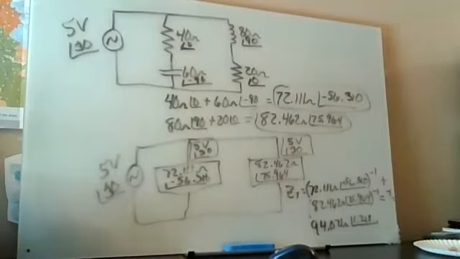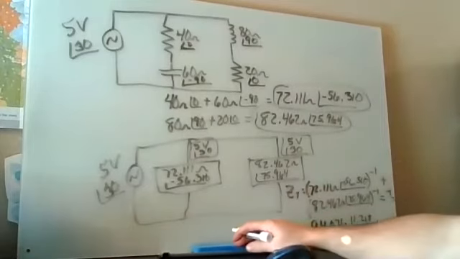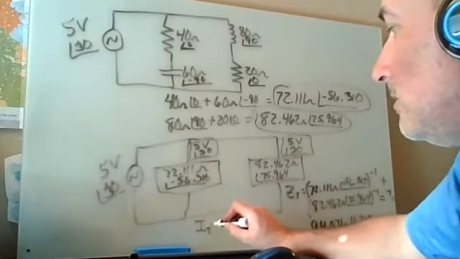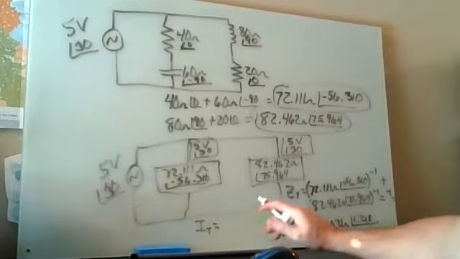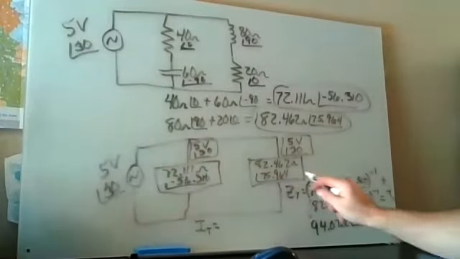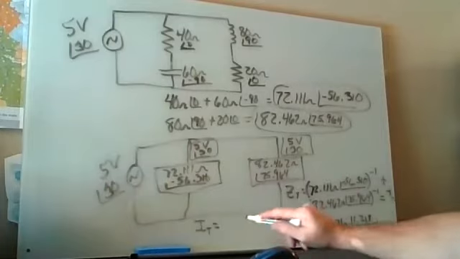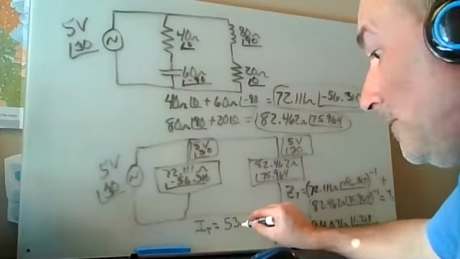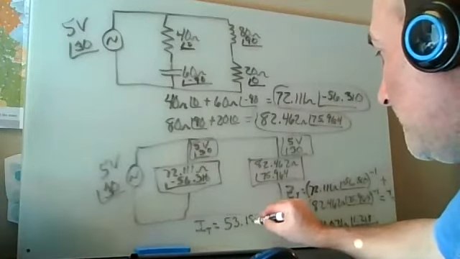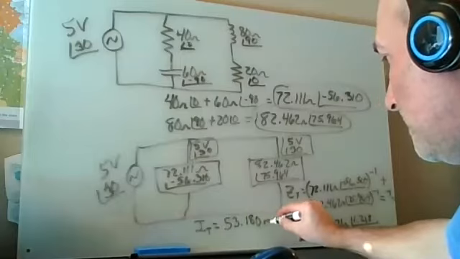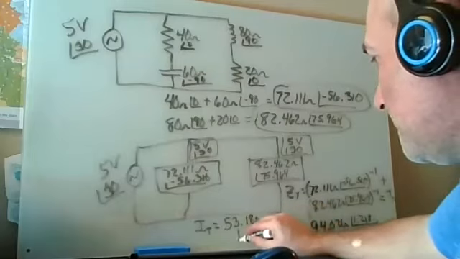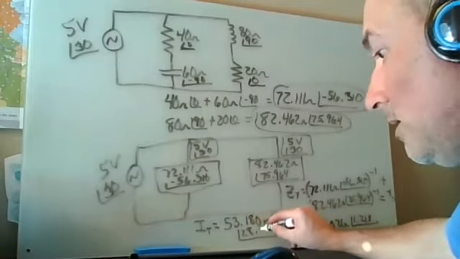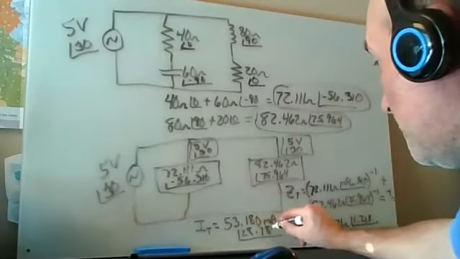So now I can find my I total because I got Z total. I total is just E total divided by Z total. When you do that, you should get 53.180 milliamps at an angle of 28.782.